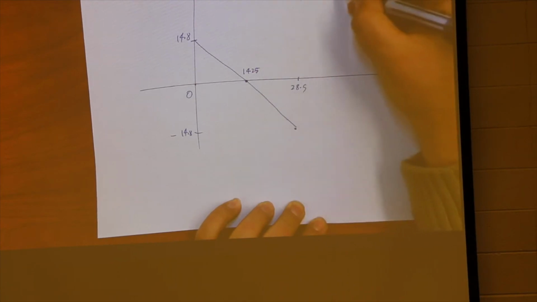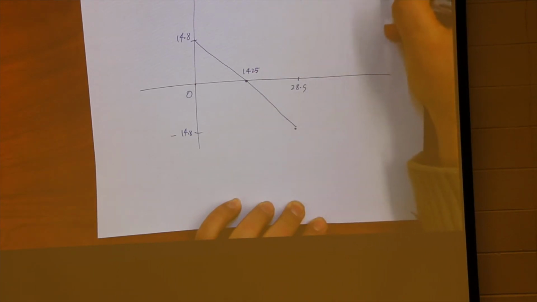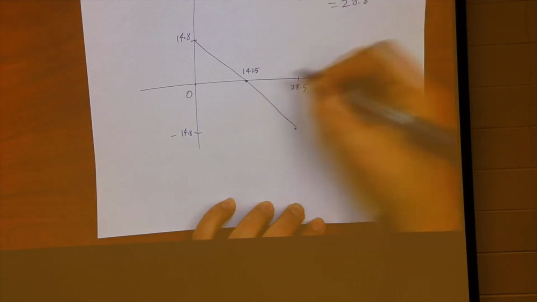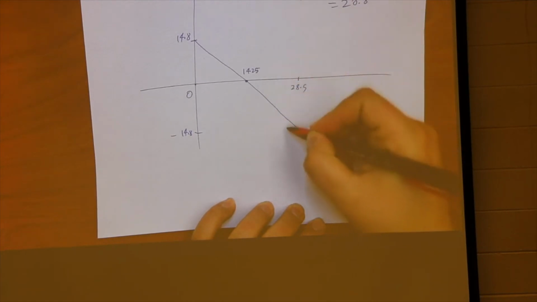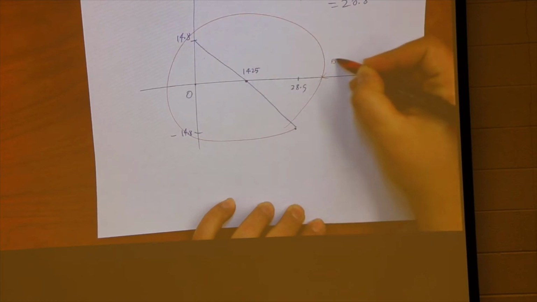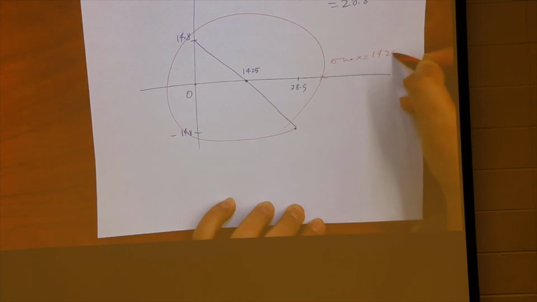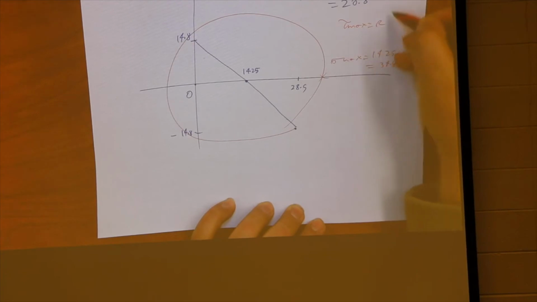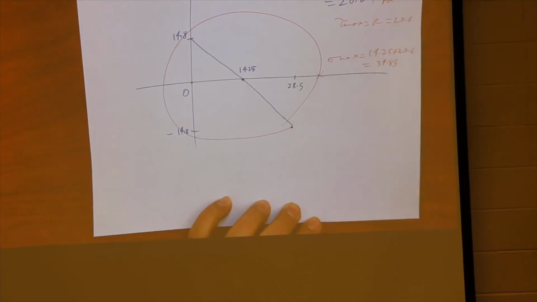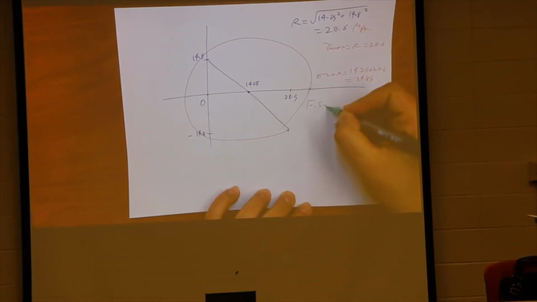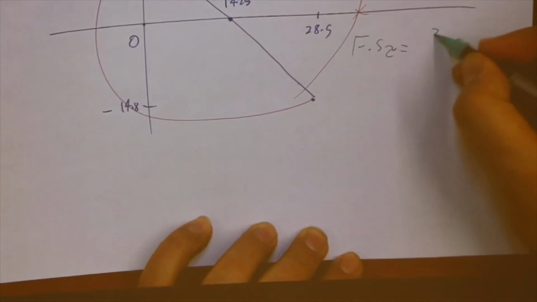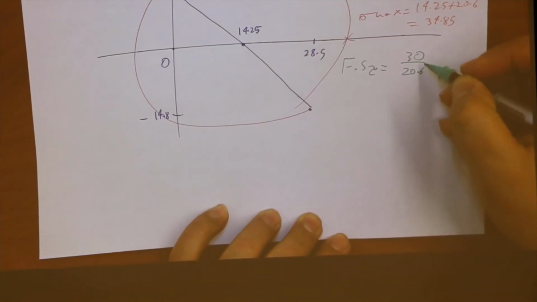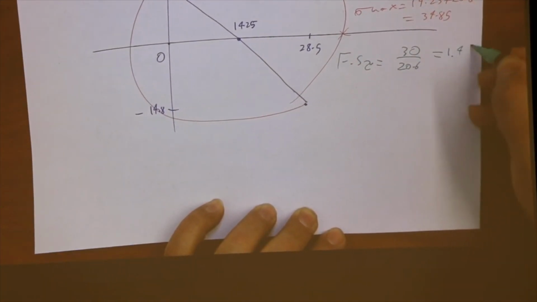And your radius is the square root of 14.25 squared plus 14.8 squared, which will be 20.6, which means that sigma maximum equals the average 14.25 plus 20.6, equals 34.85, and tau maximum equals R, equal to 20.6. Factor of safety for tau will be equal to 30 over 20.6, which is 1.46.